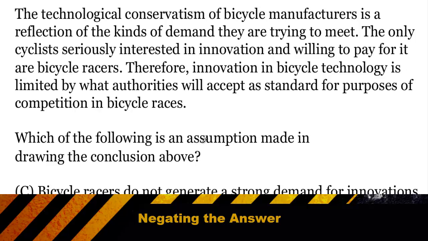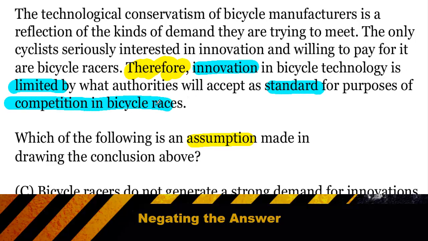Once again, I read my question stem and I see they're asking for an assumption. My next step is to identify the conclusion in the argument, which in this case is easily signified by the word therefore. So my conclusion is innovation in bicycle technology is limited by what is standard for competition in bicycle races.